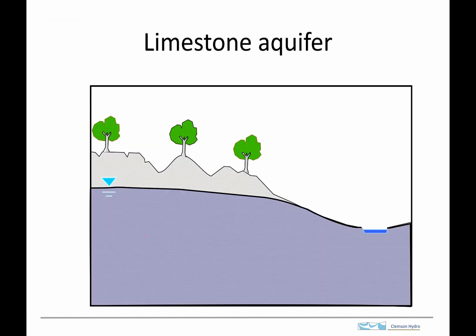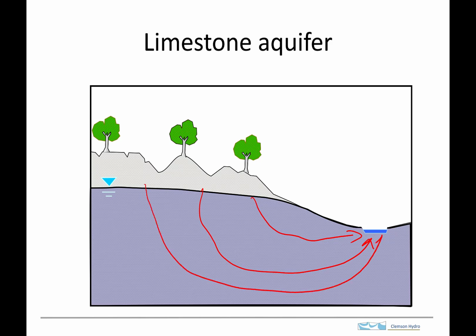So to kind of put that together, the conceptual model for the limestone aquifers: if we just have a flow system where the permeability is uniform, then we would expect to have a flow system that looks something like this, right? And so we don't, though.